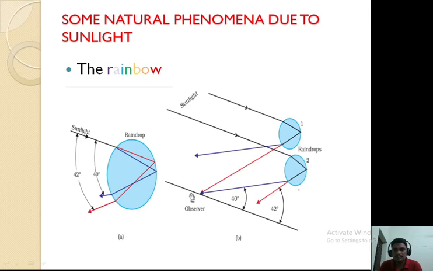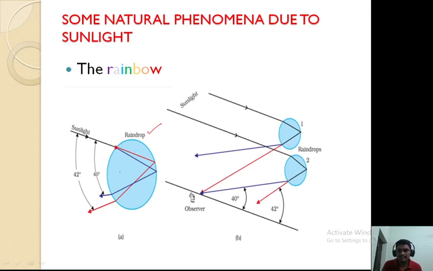You'll see this figure. In order to understand the formation of rainbow, let us take a single spherical rain droplet. When sunlight enters the rain droplet, first refraction takes place, and the colors are separated because the different light rays bend differently and travel with different speeds.